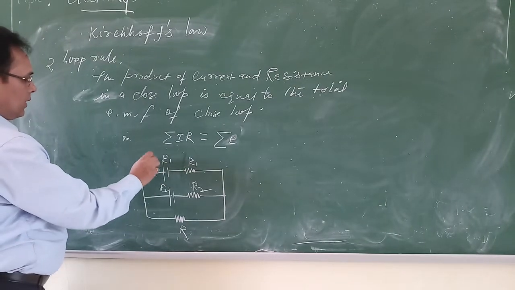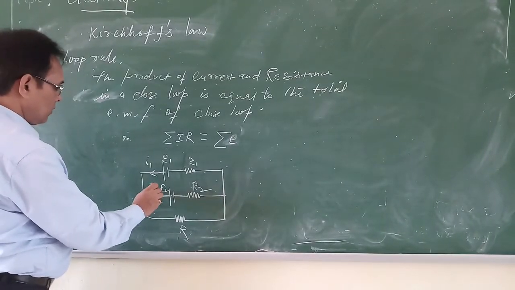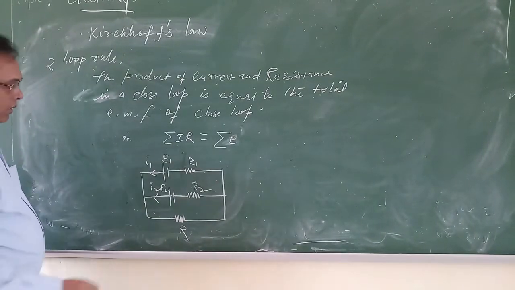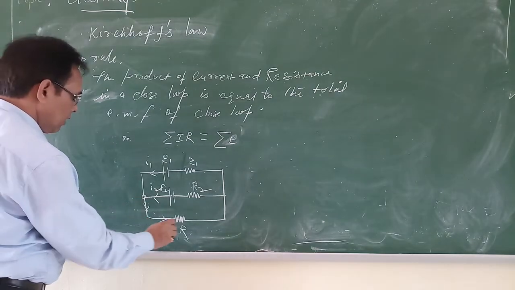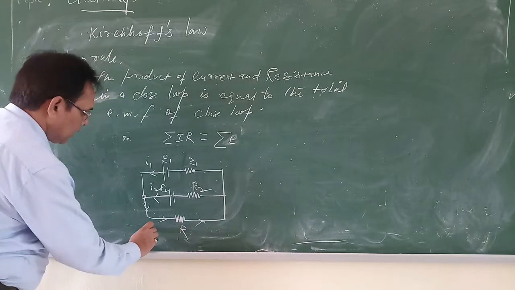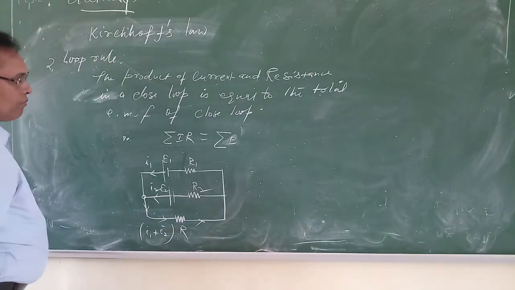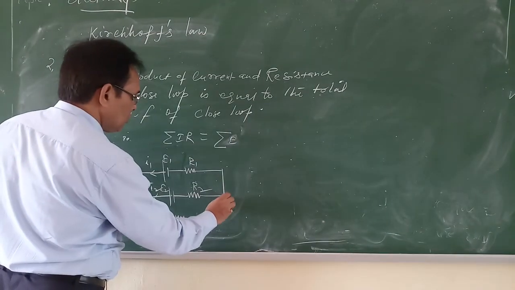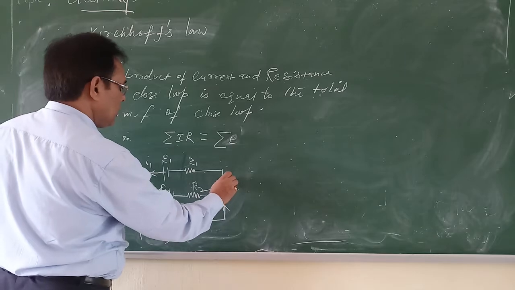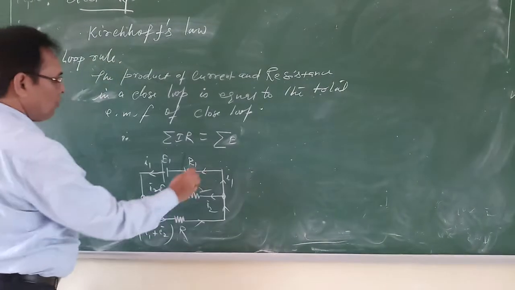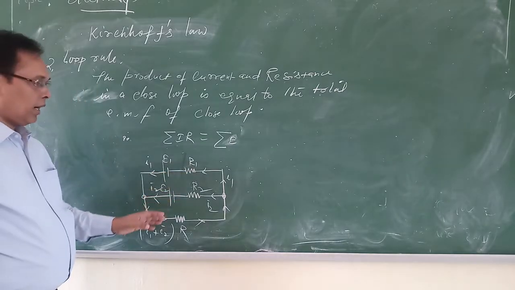Let I1 current be coming from this cell and I2 current drawn from this cell. Here is a junction, so both currents meet and pass across the resistance R. So this is I1 plus I2. And when this current comes to this junction, it again divides into two parts, I2 and I1. So this is the direction of current.